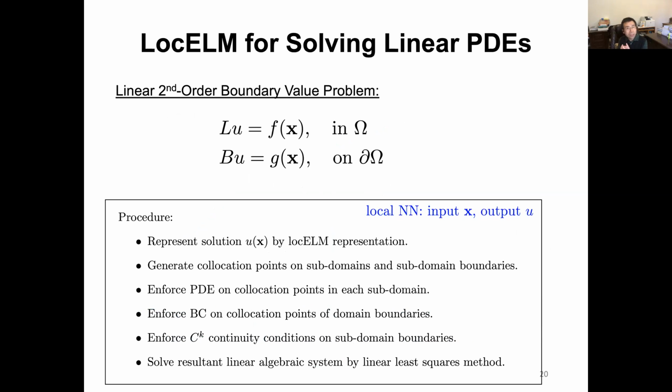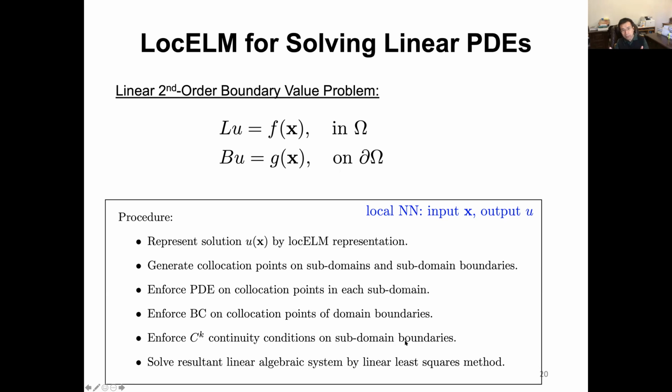So how do we use the local ELM for solving PDEs? Let me use a linear PDE as an example. Consider a second order boundary value problem with a linear PDE and boundary conditions. We first use the local ELM to represent these functions on the domain. After that, we generate the collocation points on each subdomain and on the subdomain boundaries. And then we enforce the PDE on the collocation points of each subdomain, enforce the boundary conditions on the collocation points of the domain boundaries, and enforce the C^k continuity conditions on the subdomain boundaries.